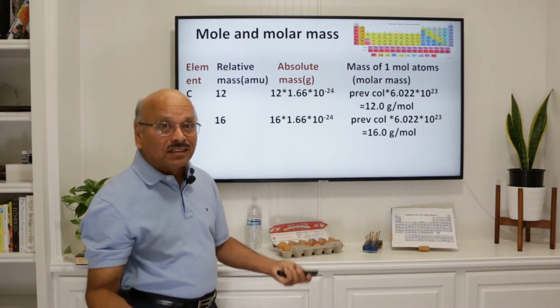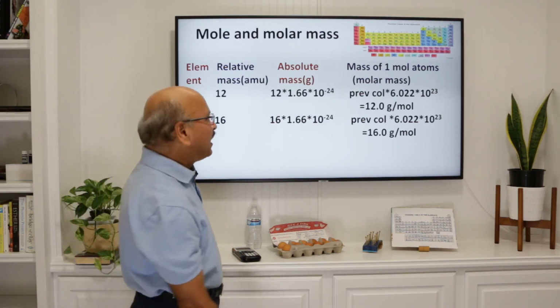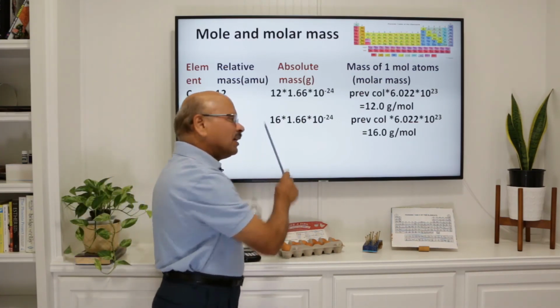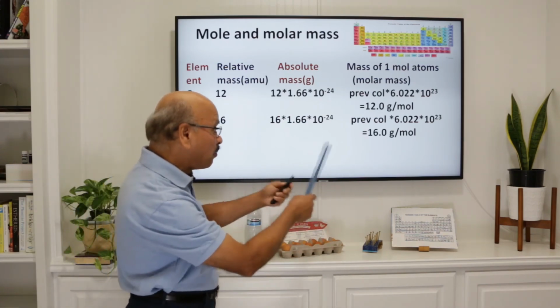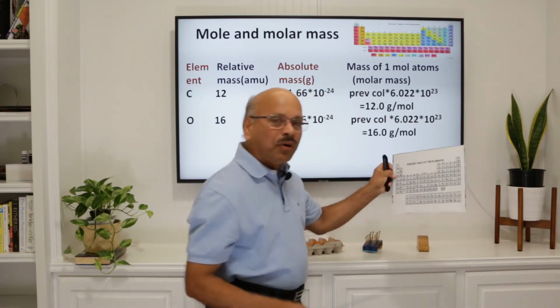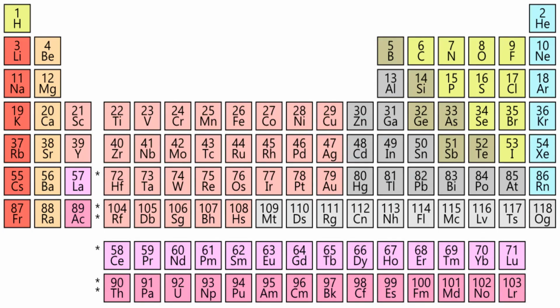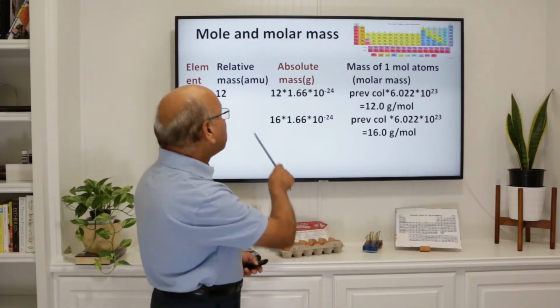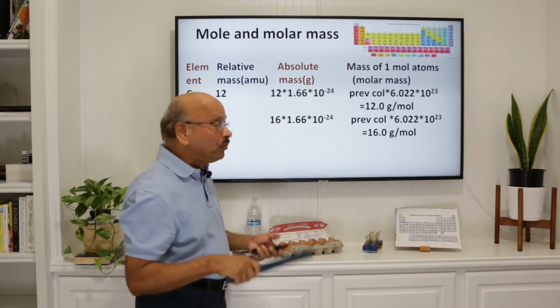So what is the point which I am talking about? I'm saying that atomic mass, for all atoms or all elements, is given in the periodic table. I got a periodic table here, a very important resource you have. All atomic masses are there. That atomic mass in AMU is the mass of the atom.